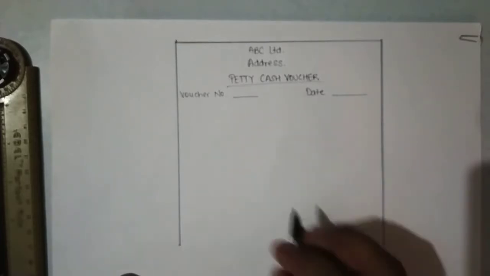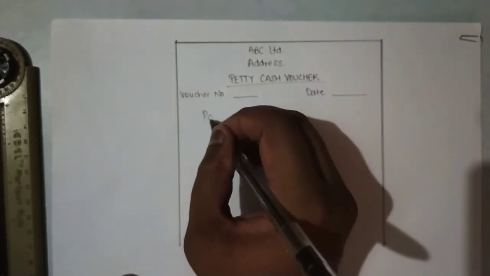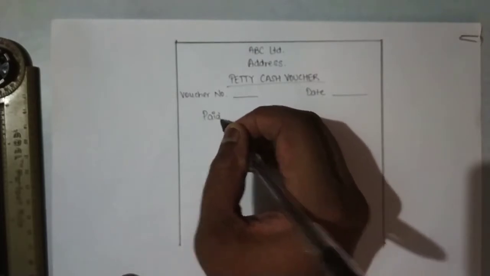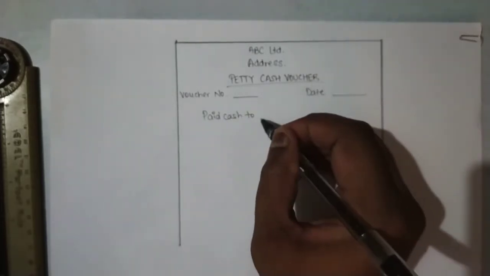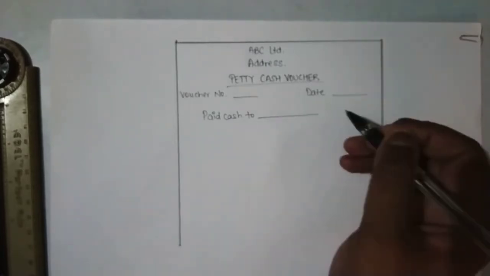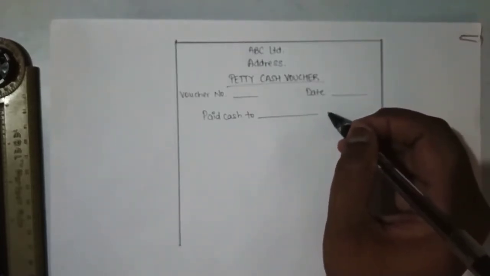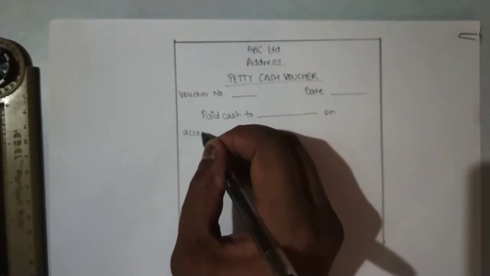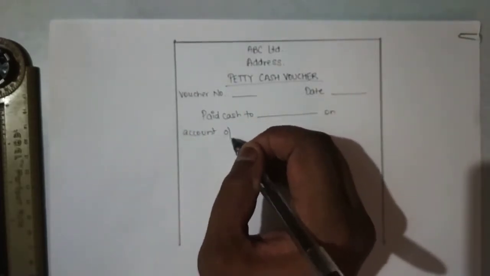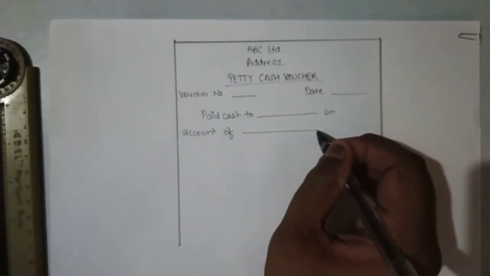Again, my next step would be paid cash to dash. Here I am going to write the name of the receiver on account of dash.